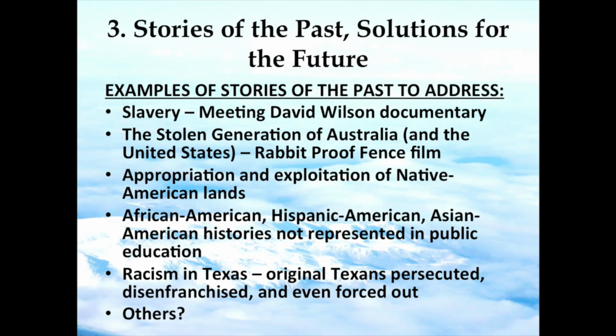Maybe I show a film like the documentary Meeting David Wilson. Anybody seen that? No? It's really cool. It talks about a man from New Jersey who is black, and his ancestors were slaves in Virginia. He did his family history and found out that his family were descendants of slaves. And so he traces his roots back to Virginia and finds out that the descendants of the slave owners have a son named David Wilson, just like him.